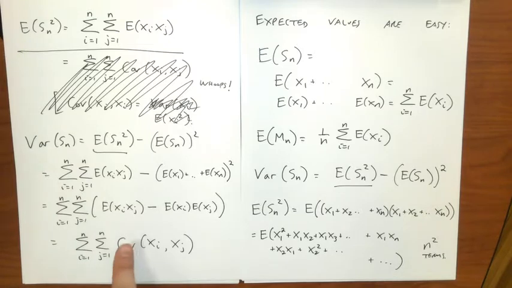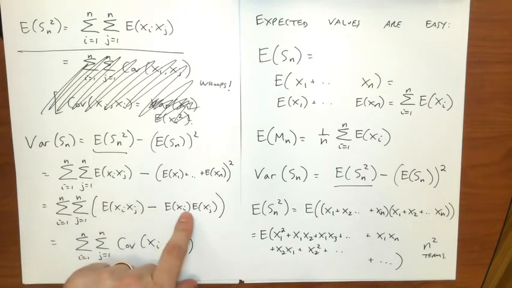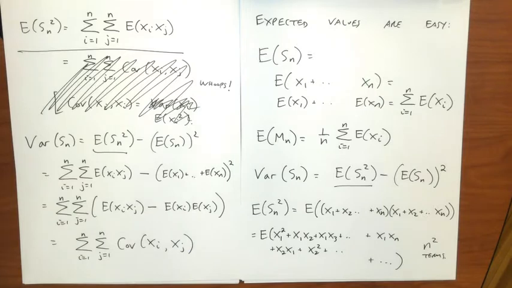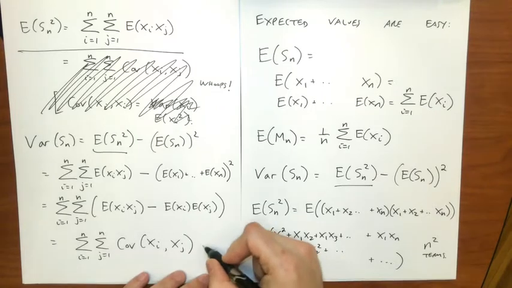I can see the special case where i equals 1 and j equals 1: I'd have the expected value of x1 squared minus the expected value of x1, all squared. That's the variance of x1. So n squared minus n of these terms are the off-diagonal terms, and the diagonal terms themselves are the variances.